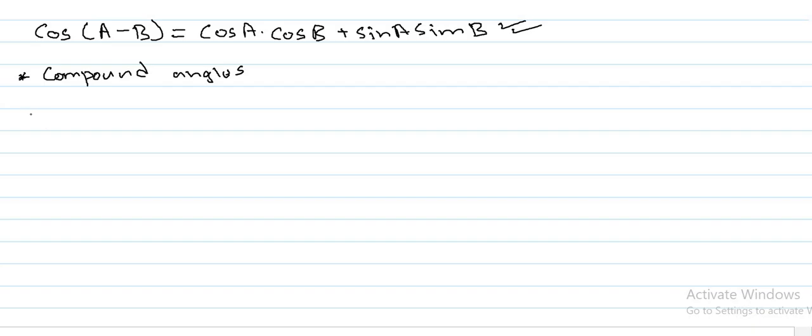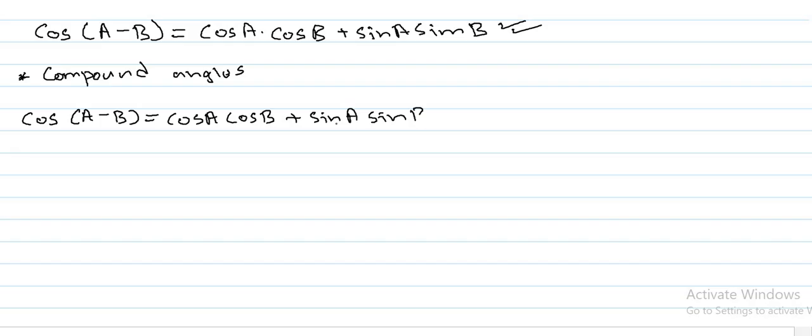So for cos, it says the cos of A minus B is given by cos A cos B plus sine A sine B. So what are they saying?